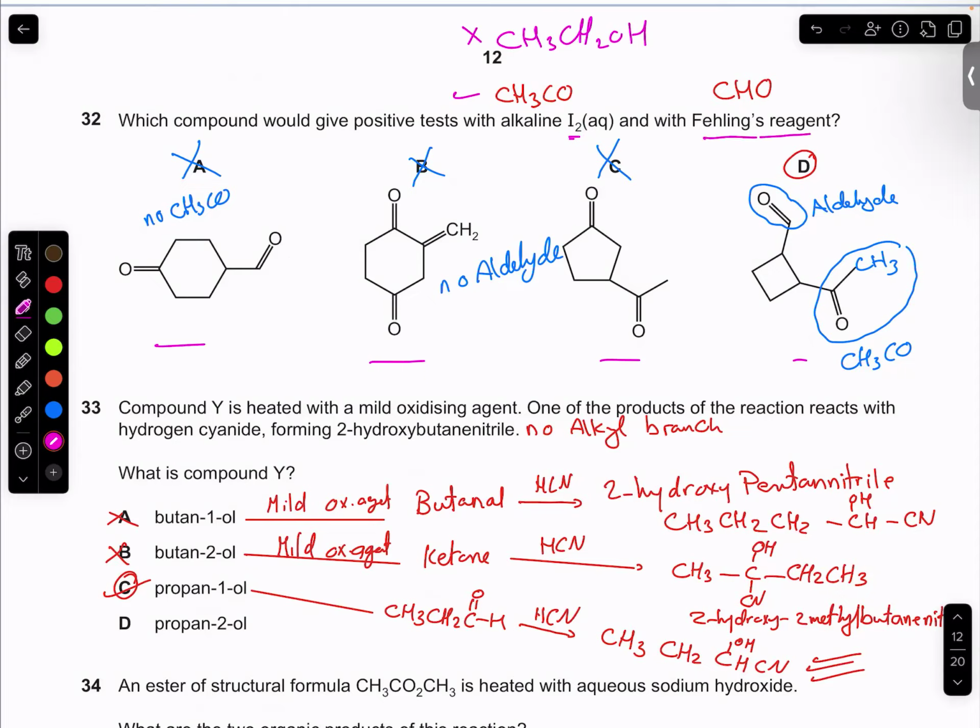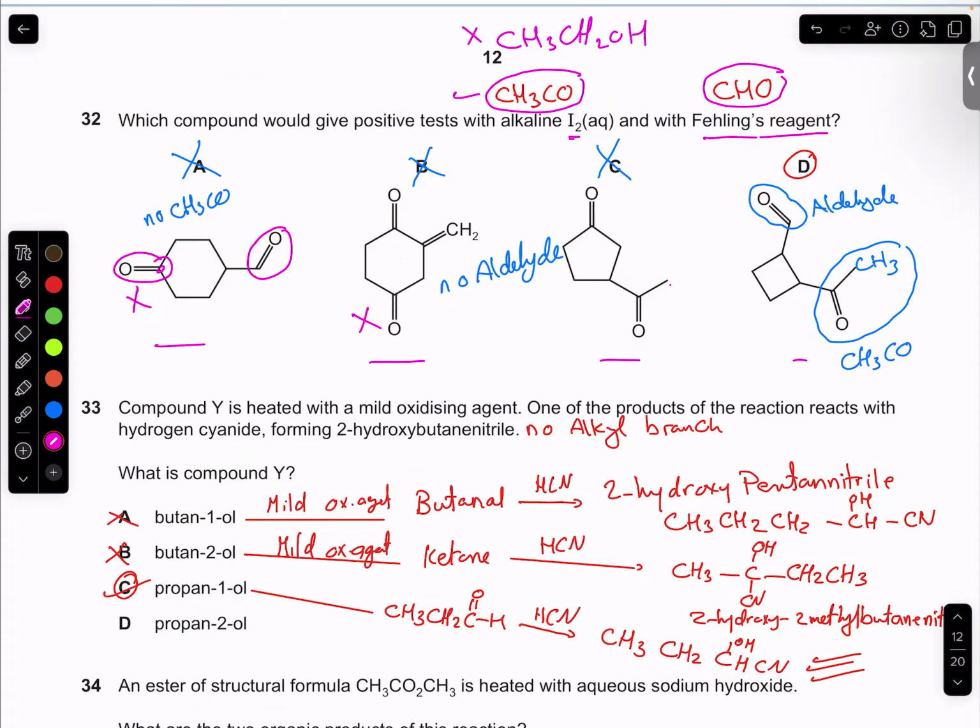And with Fehling, this means that it should contain an aldehyde group. So this compound should contain CH3CO and an aldehyde group. This one contains an aldehyde group, but it doesn't contain CH3CO, so this one is wrong. Also, this one doesn't contain aldehyde or CH3CO, so this one is wrong.